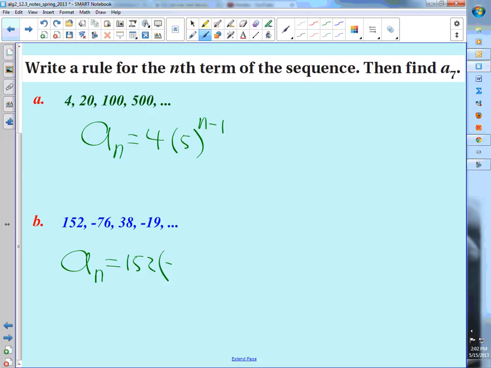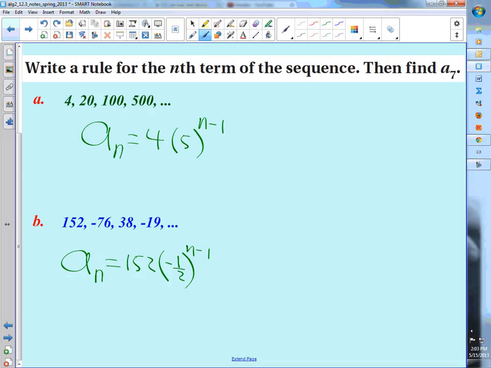All right, let's just go with negative a half, and then raised to n minus 1. If you wanted a sub 7, then you would plug in the 7. This is just asking for the rule. Write a rule for the nth term. That's this.